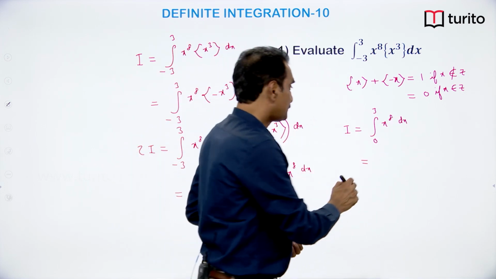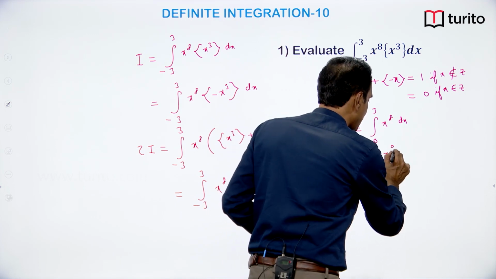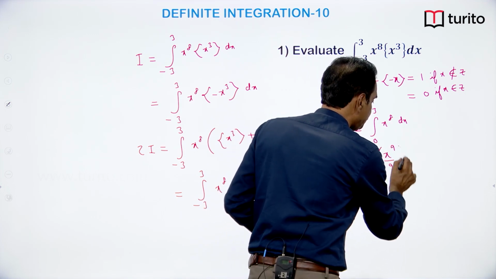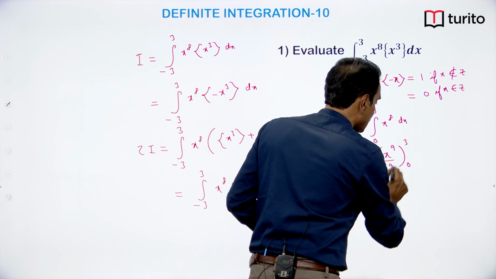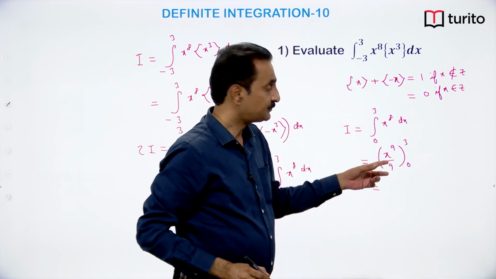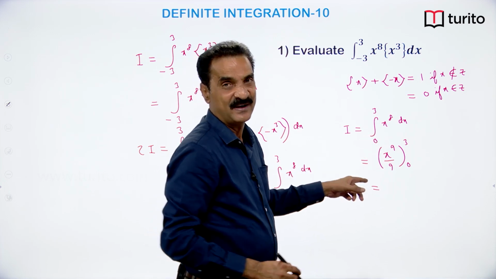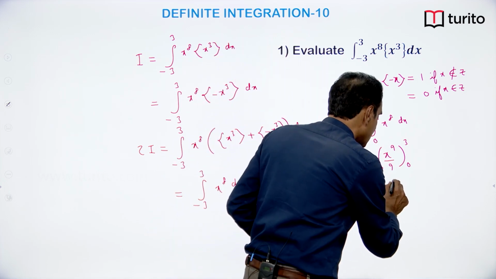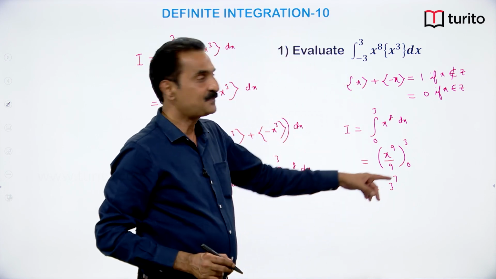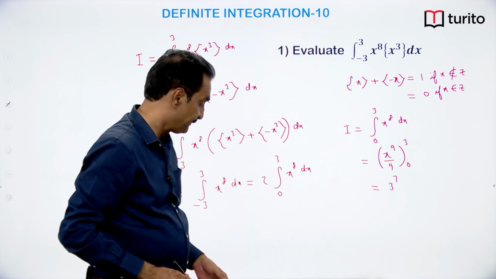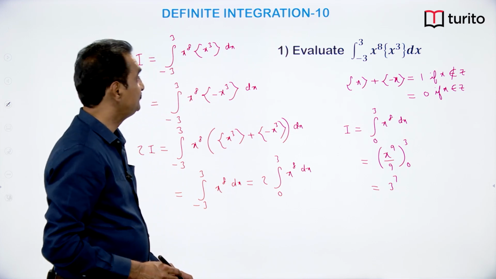Integrate it, the integral of x power 8 is x power 9 by 9. Substituting the limits, 3 power 9 by 9, 3 power 9 by 3 square is 3 power 7, that is the answer. Substituting the lower limit, it is 0 only. Next question.